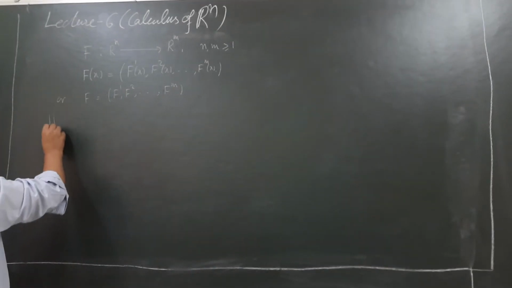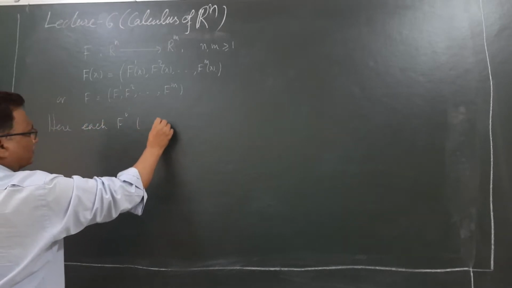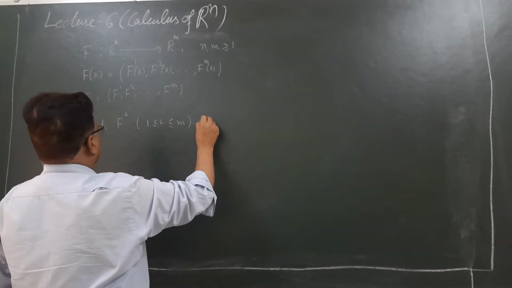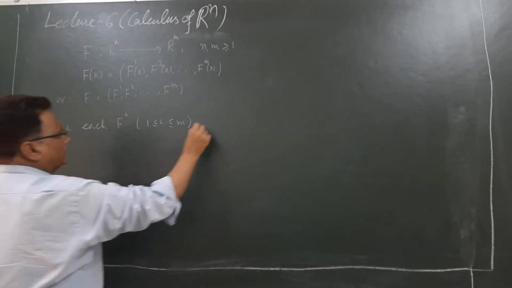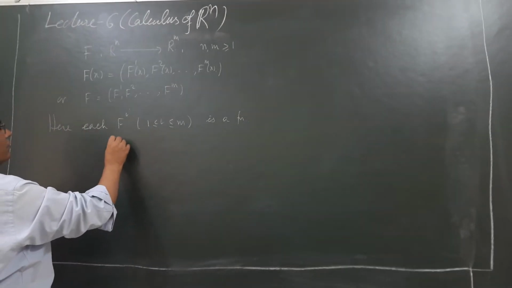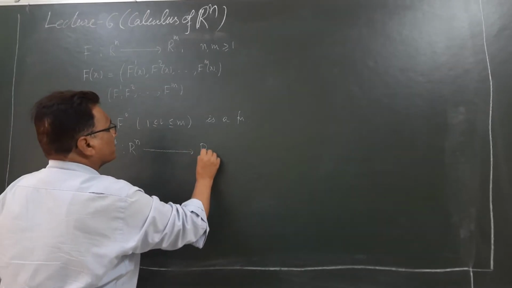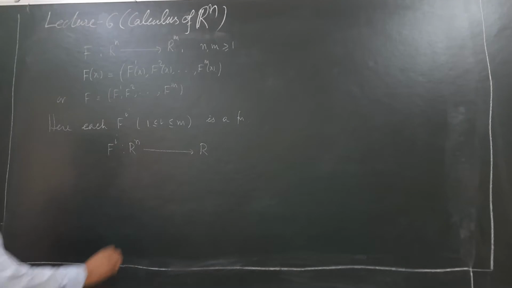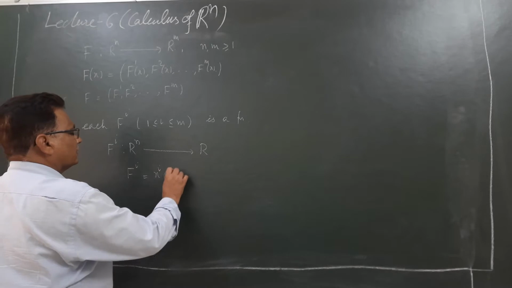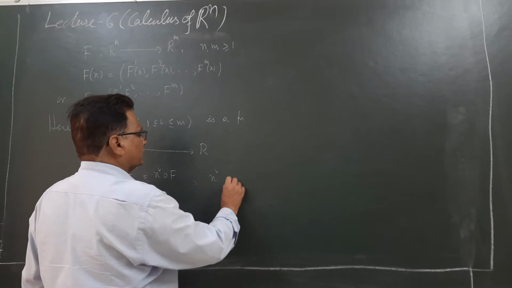Here, each fi, where i is between 1 and m, is a function from Rn to R. And we have seen that this fi is actually the composite function xi composition f, where the xi's are coordinate functions.